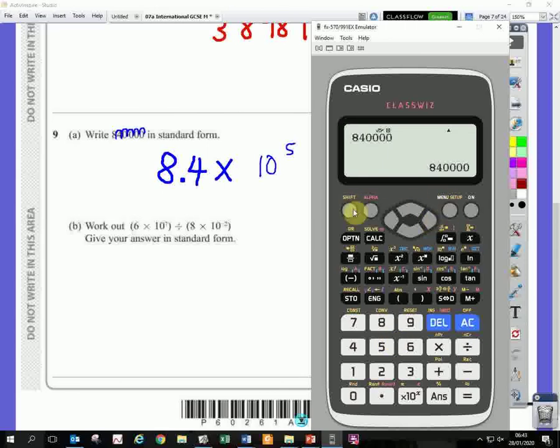But if you go to shift menu, number format, you want it in scientific mode, which is the same as standard form. Select a menu from 0 to 9. If you select 9, we can ignore the 0 placeholders. If I press equals now, it comes up in standard form, you see. We just ignore these zeros. We do 8.4 times 10 to the 5.